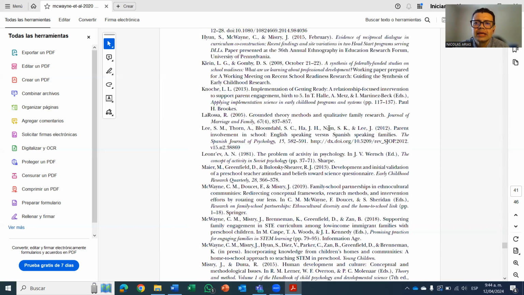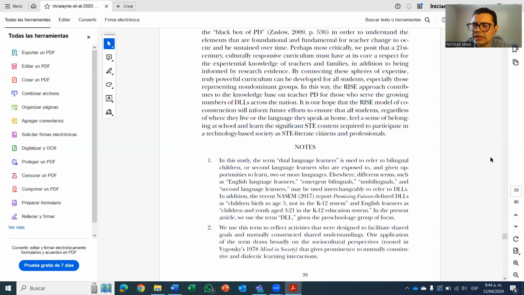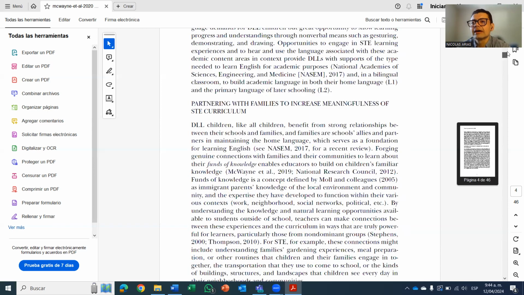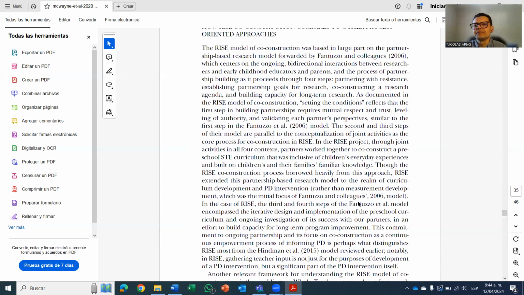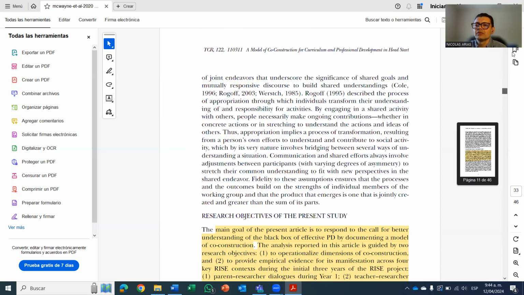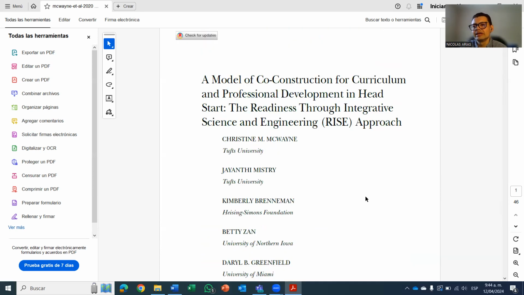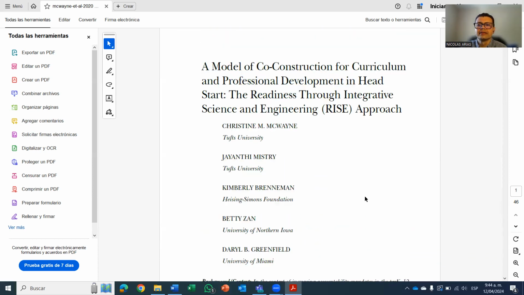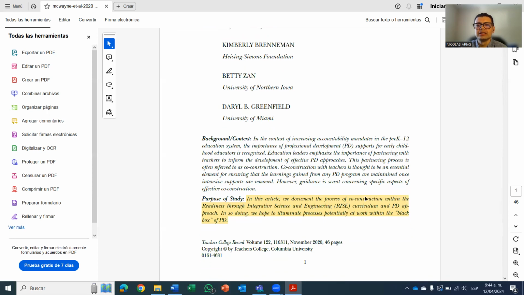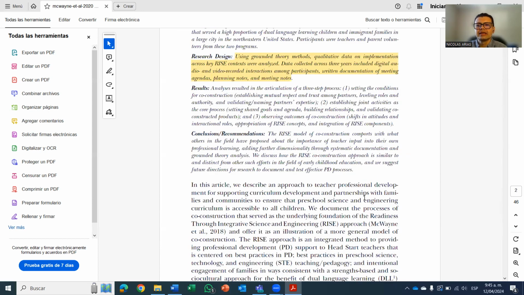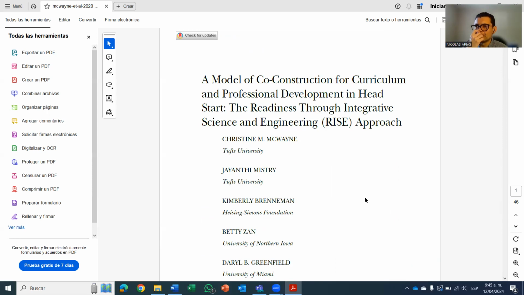We can conclude from that article by McWayne and colleagues, made in a Head Start scenario in the northeastern United States, with a community of multilingual learners, dual language learners, whose parents are, many of them, non-native English speakers, many of them native speakers of Spanish or Chinese, that they showed us a transparent process.